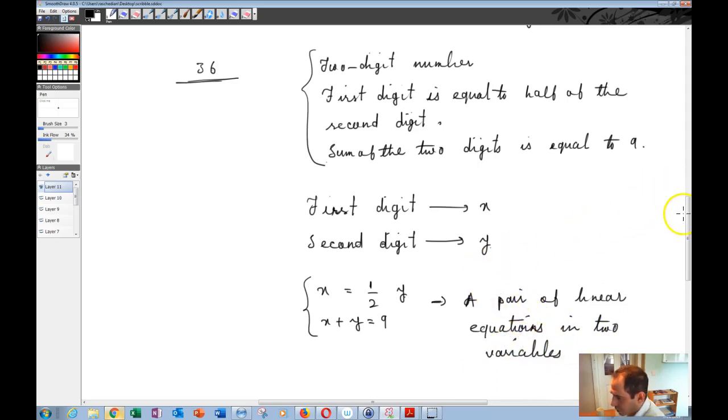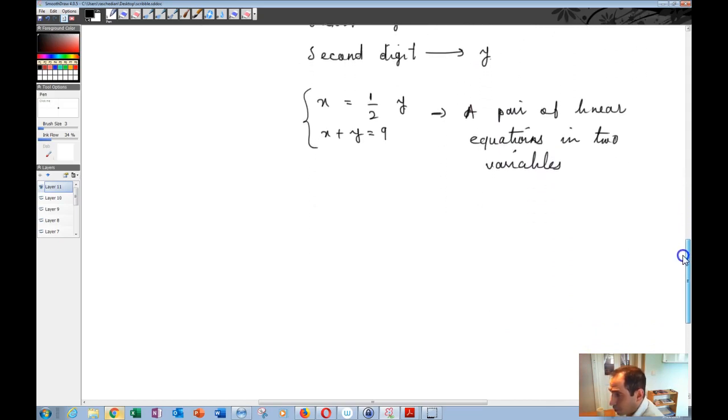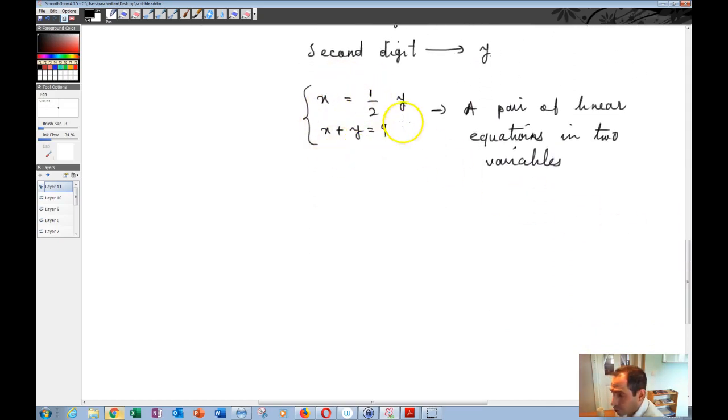Now you can actually solve this pair of linear equations and see what the digits are. If I call this equation number 1 and this equation number 2, I can substitute 1 in 2, and instead of x I can write 1/2 y. So equation number 2 becomes 1/2 y plus y is equal to 9.